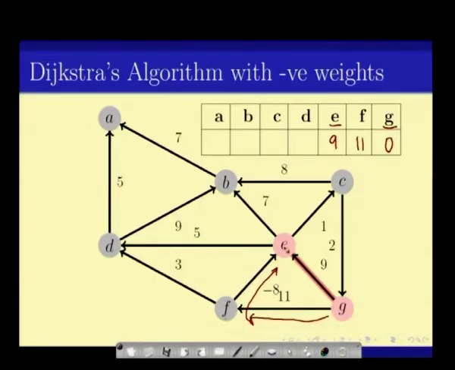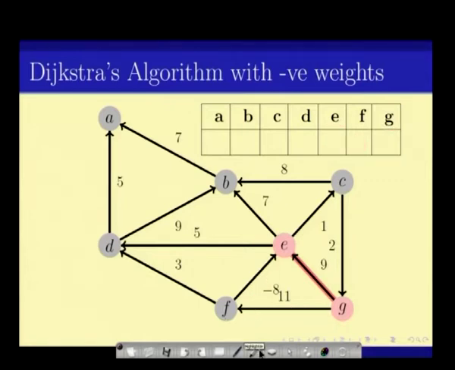That is how the intuition works, and that is perfectly correct intuition if the edge weights are positive. In this case, the edge weights are not positive, and hence we have a negative -8 there, and that is why the distance from G to F is 11, which is more than the distance of G to E, but the shortest distance from G to E is 3 via F. So, 11 plus -8 is 3.